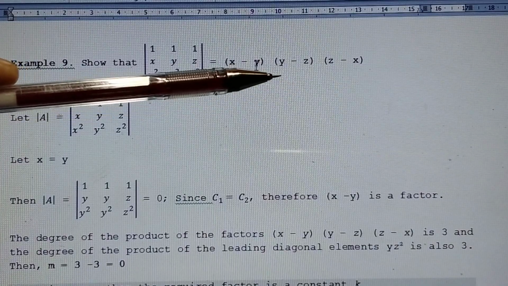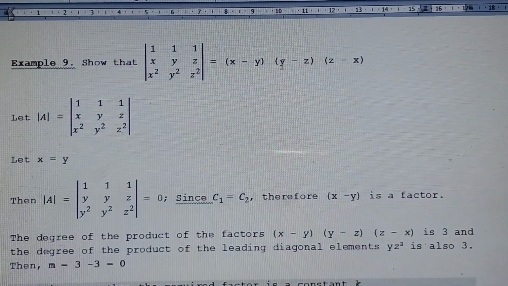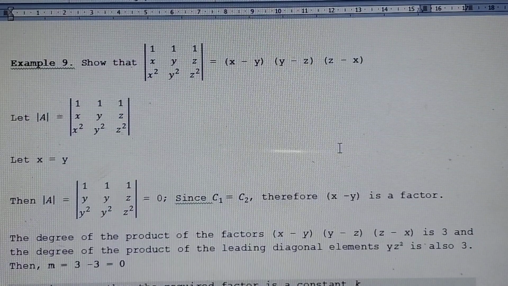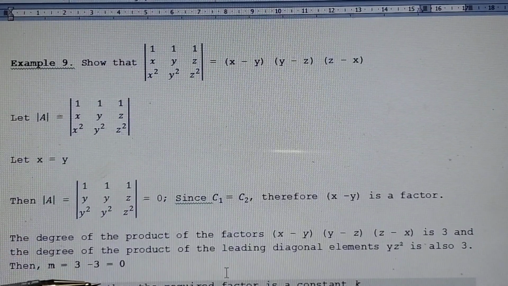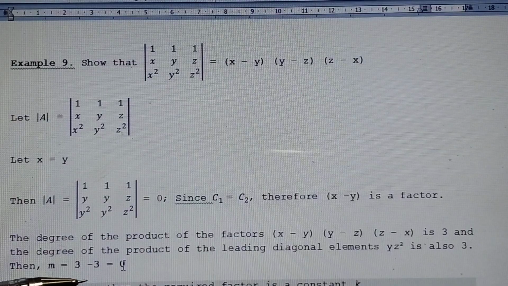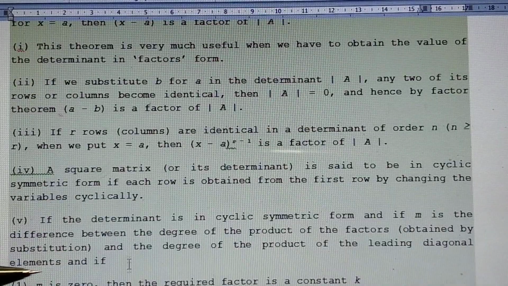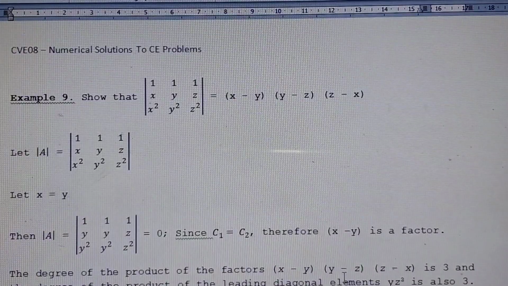So therefore, ang sum ng kanilang exponent ay 3 din. Kaya yung m niya ay 3 minus 3, kaya 0. Kaya dun sa number 1 kanina, kapag ang nakuha daw natin na m ay 0, ang kanyang required factor is k. Kaya yun ang kukunin natin.